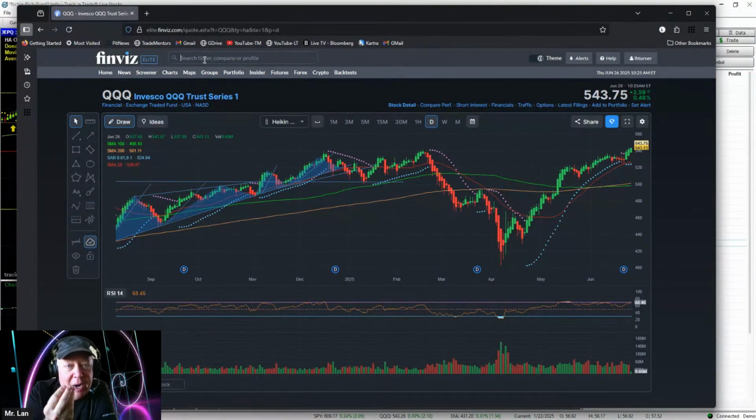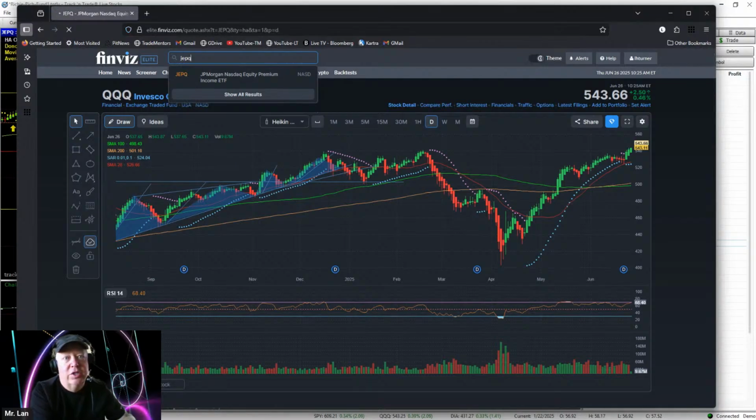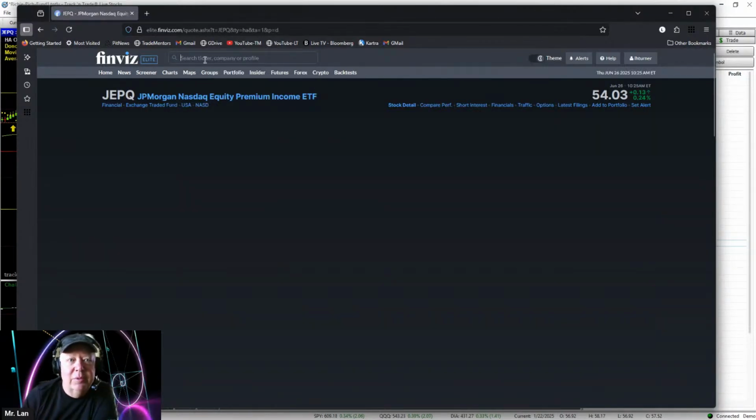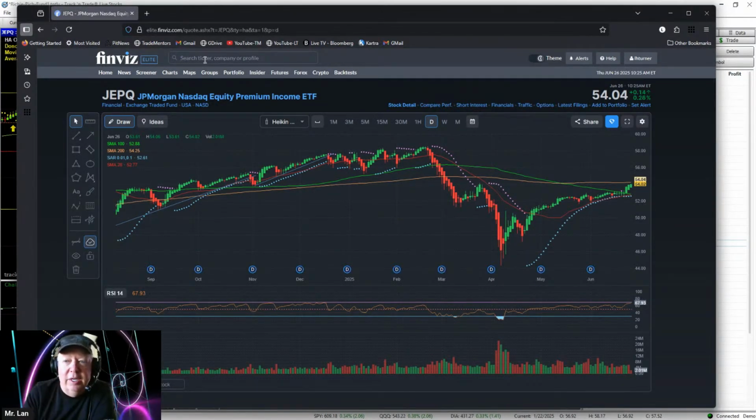Now, circling back around, weaving it back into the story, this bright individual came in and said, why don't we have an ETF, an exchange traded fund, which only has one stock in it? Let's go to JEPQ. So JEPI comes in here, and JEPQ comes in here, and they buy a whole bunch of stocks from the QQQ, and then they trade the options against it.